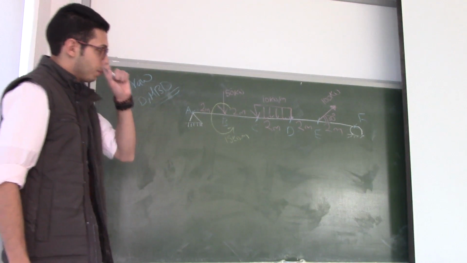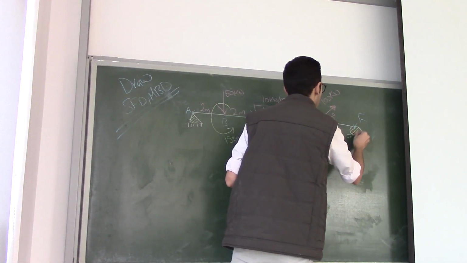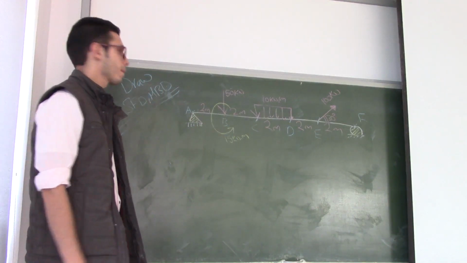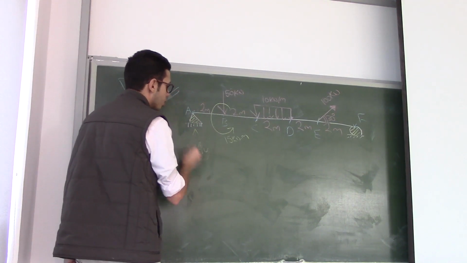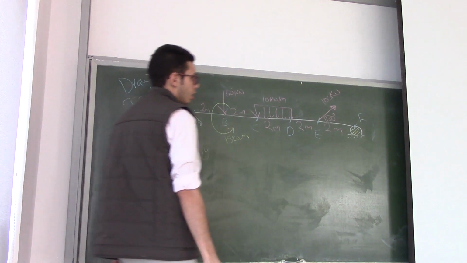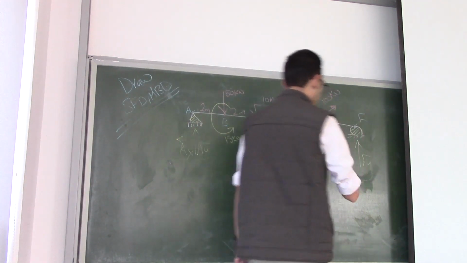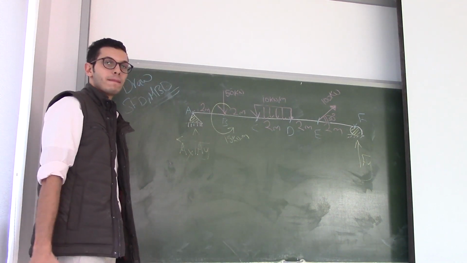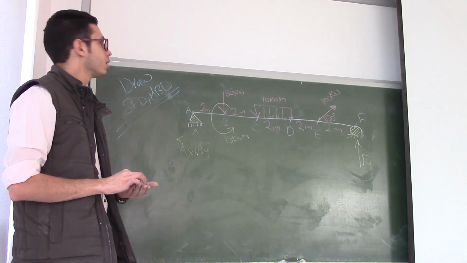Now, the first step always is to find the reactions. For A, we have AY and AX, and for F, we have FY. Let's find the reactions.